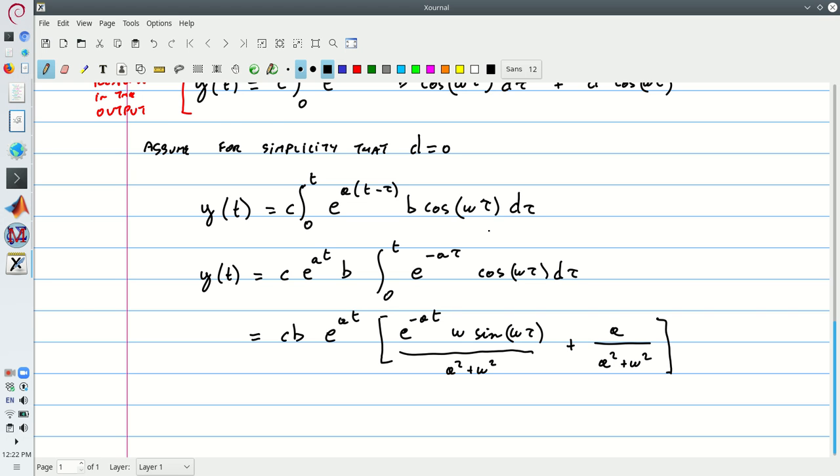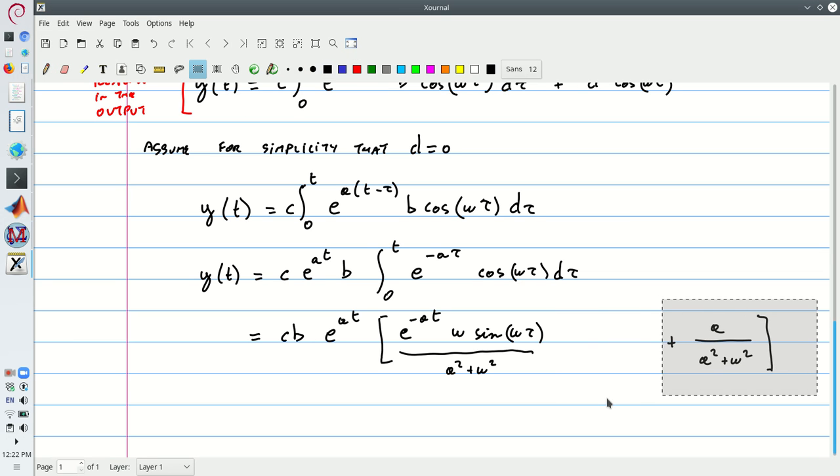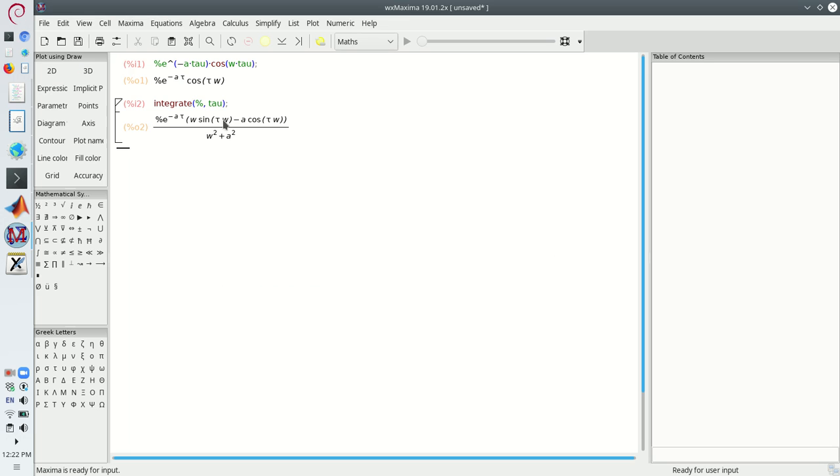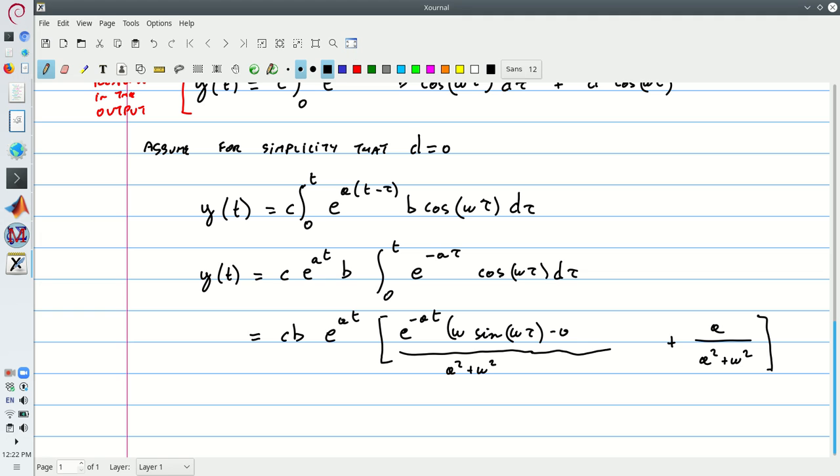Oh, I forgot, I didn't finish the first expression. The first expression has an omega sine of omega tau, but also has minus a cosine of omega tau. So this is the first expression, and here we have t, and here of course we have t.